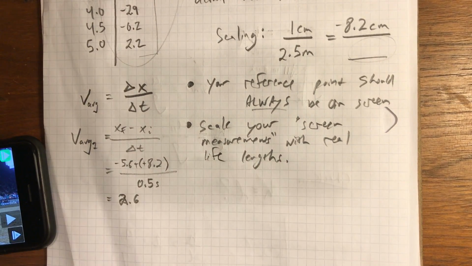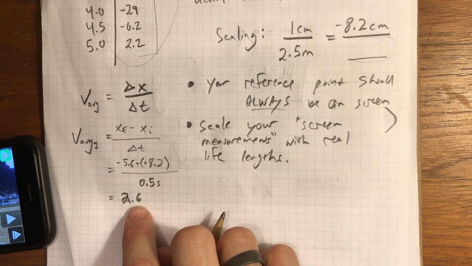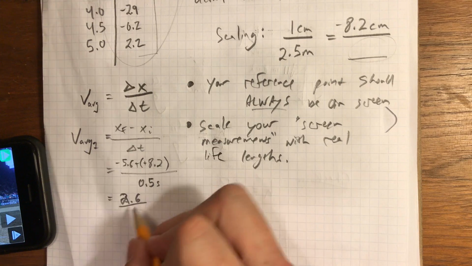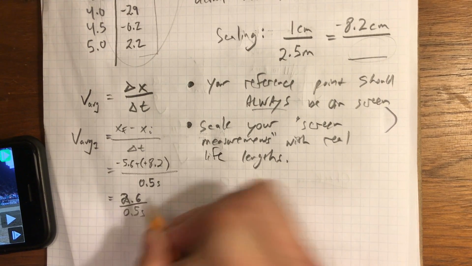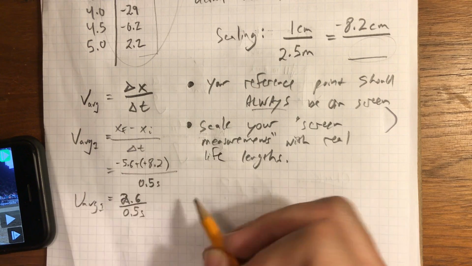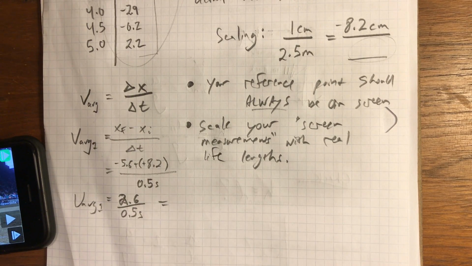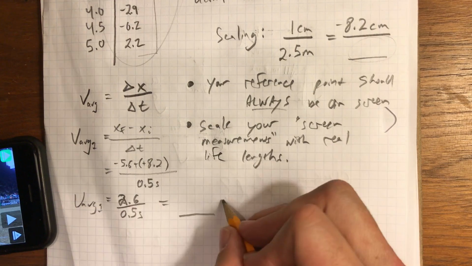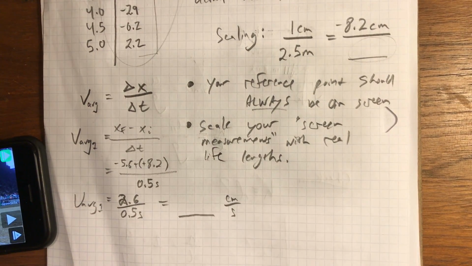If I got that wrong, you can tell me, but 2.6 centimeters divided by 0.5 seconds is my average velocity here. I do that calculation, and it comes out to be some number of centimeters per second.